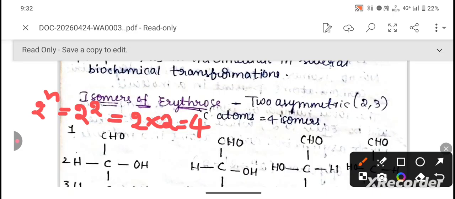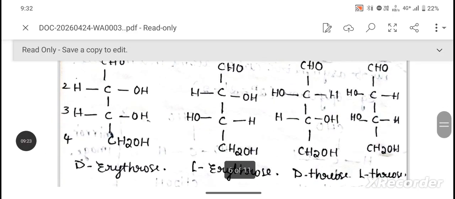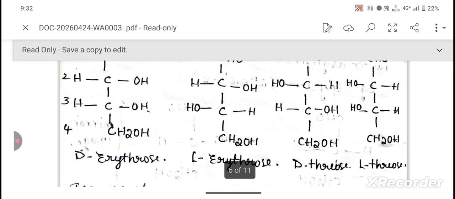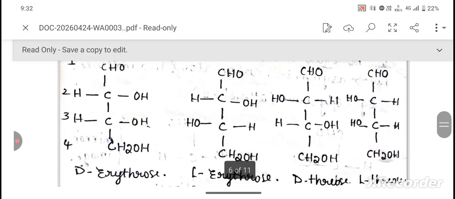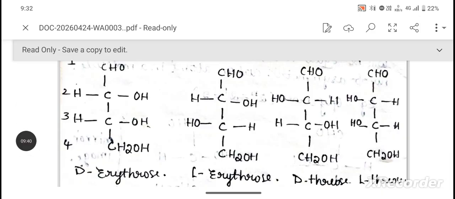So 4 isomers are possible in case of erythrose, which are D-erythrose, L-erythrose, D-threose and L-threose. So you can see the difference in alignment. The arrangement is like mirror images between D and L erythrose and D and L threose.